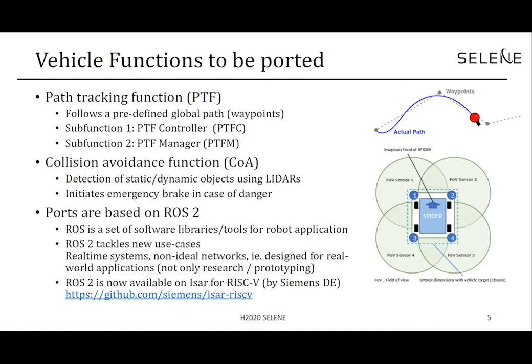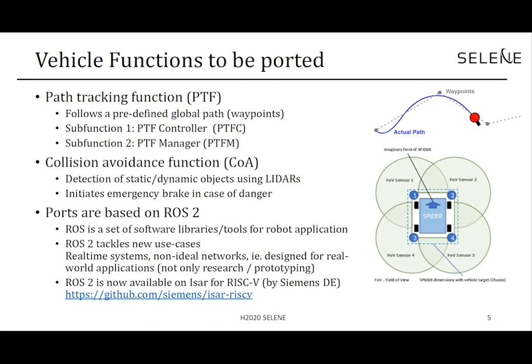The second function we want to port, or have already ported, is the collision avoidance function. By the way, here the abbreviation is COA, and later in the slides it's CAF, but it's the same thing.